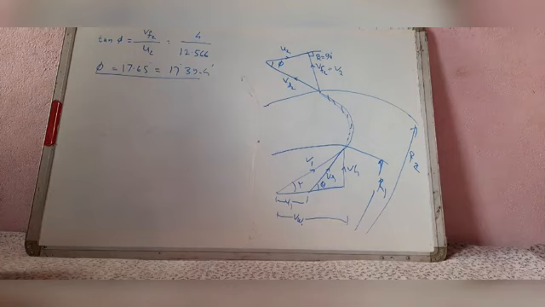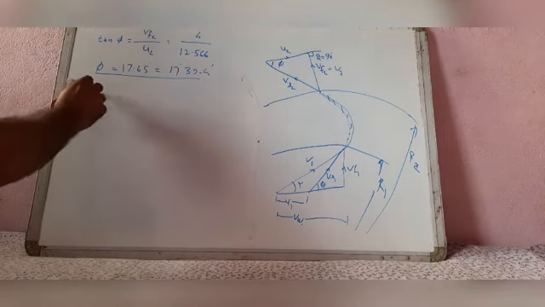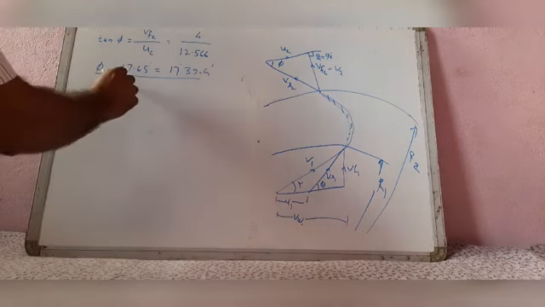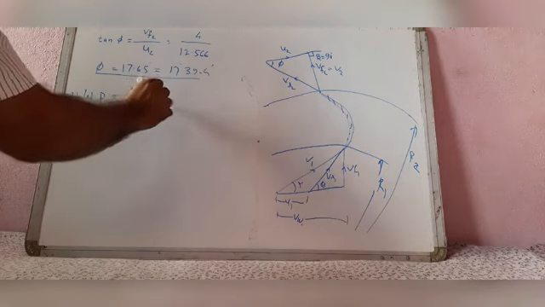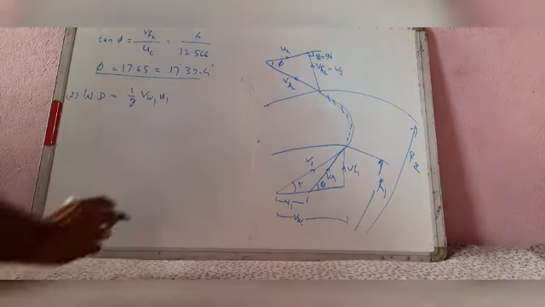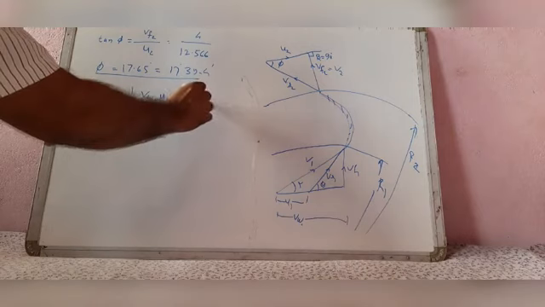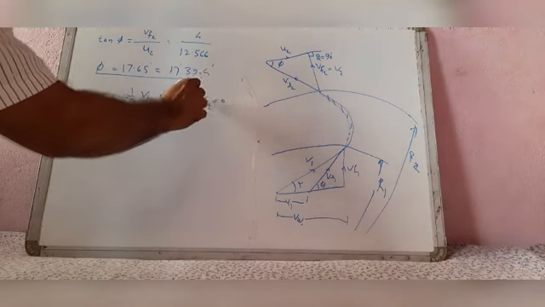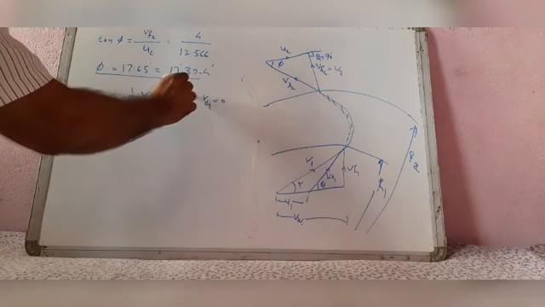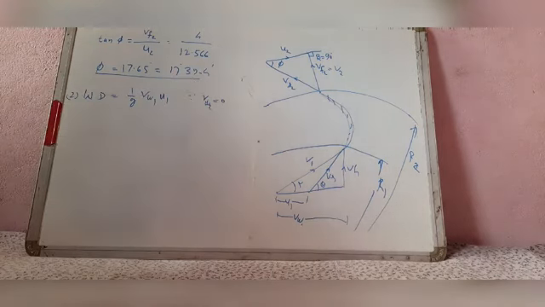Now work done by water per second per unit weight of water striking per second, work done equal to 1 by g Vw1 U1 when Vw2 equal to 0. Here Vw2 equal to 0.